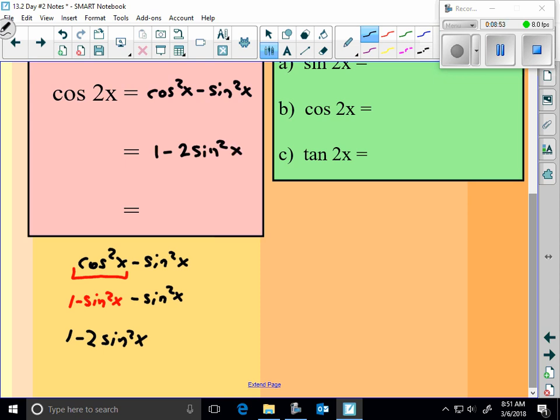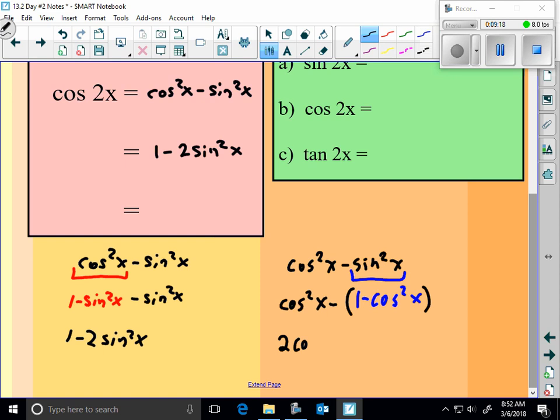Let's do it one more time. Now instead of substituting for cosine squared, we're going to substitute for sine squared. In for sine squared, we put 1 minus cosine squared x. So this will be cosine squared x minus that. When I distribute that negative, I get 2 cosine squared x minus 1. That's our third equivalent form of cosine 2x.